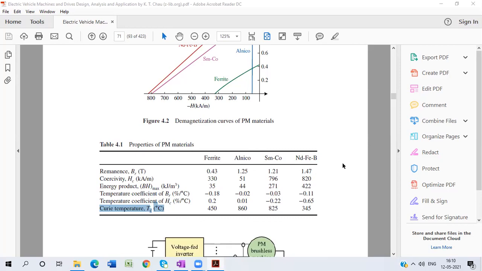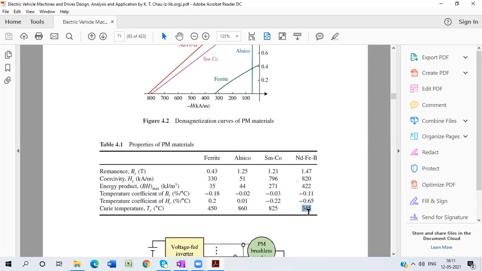From this table, which material is not suitable for higher temperature applications? Yes, Karthik: neodymium iron boron, because here you can see the figure is 345. So it can withstand temperature only up to this; this is the Curie temperature level of neodymium iron boron.